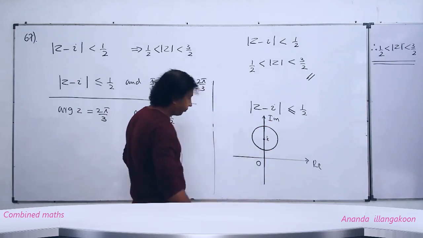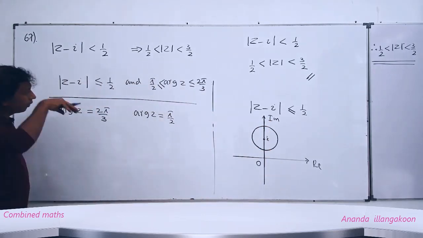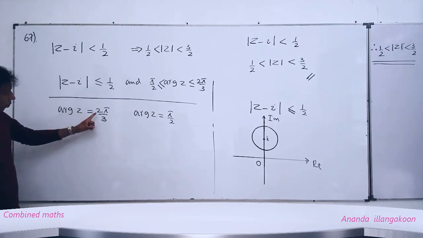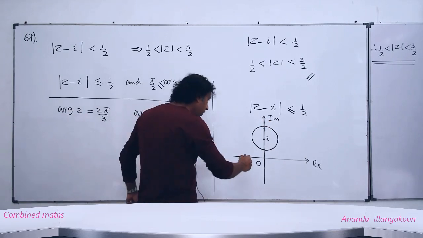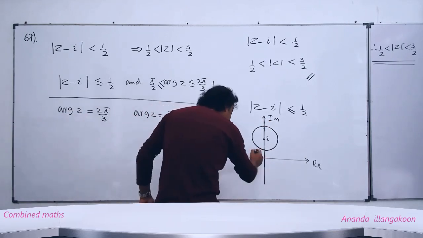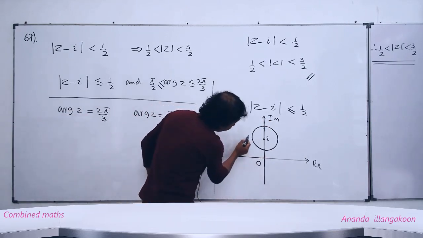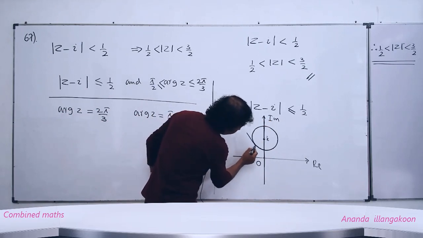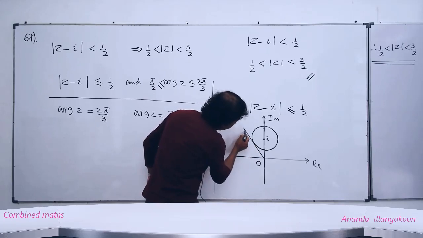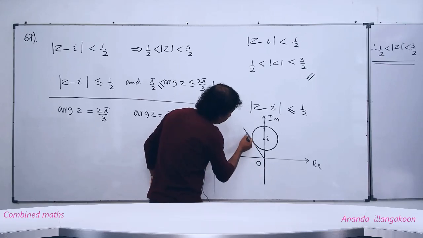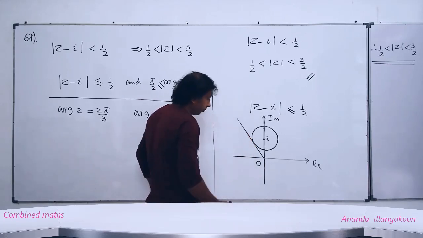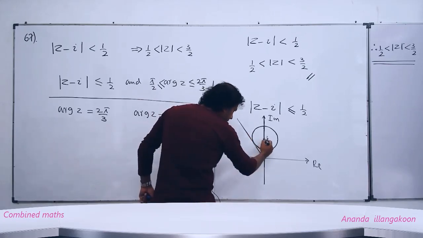And complex numbers whose argument is 2π/3, this is 2π/3. When we construct a tangent from the origin to this circle, look at this. This way. What is the radius? Radius is half.